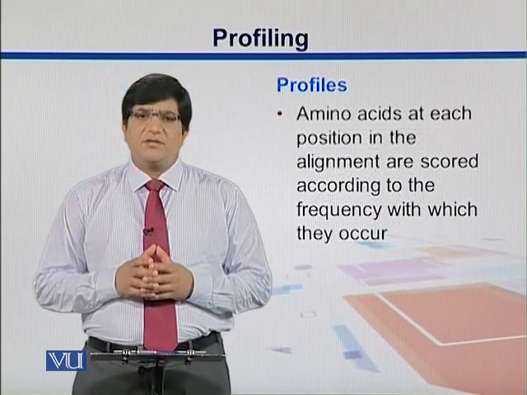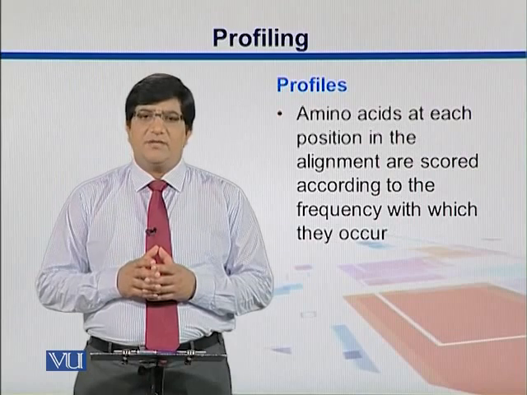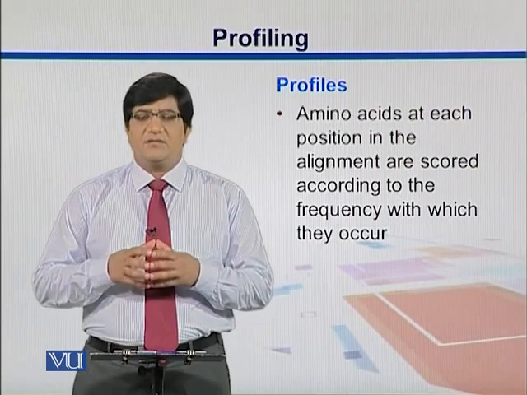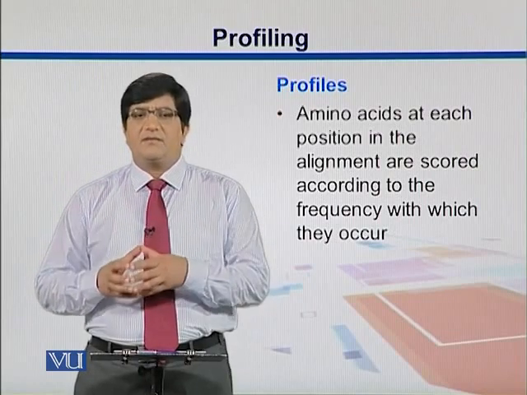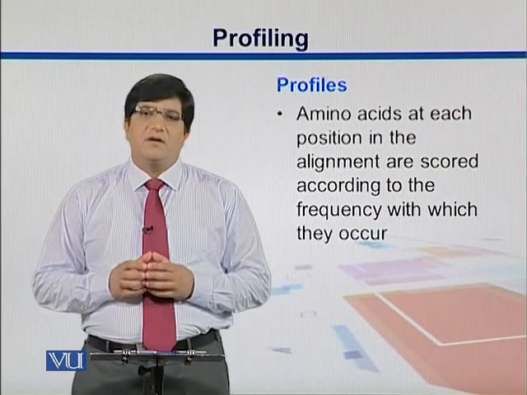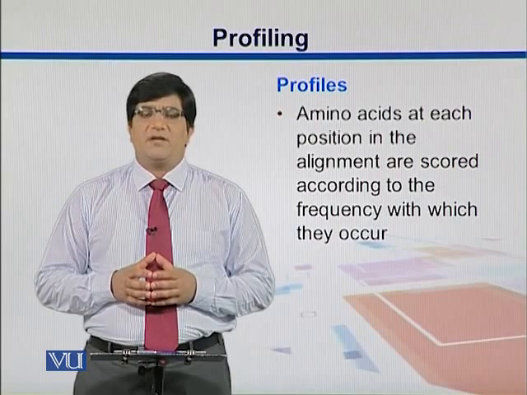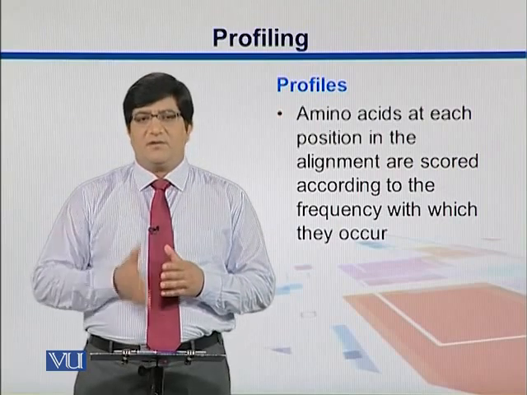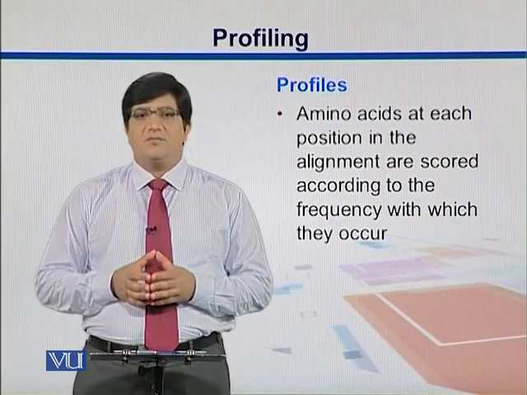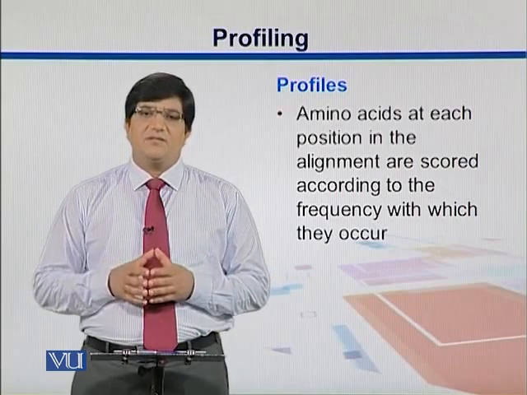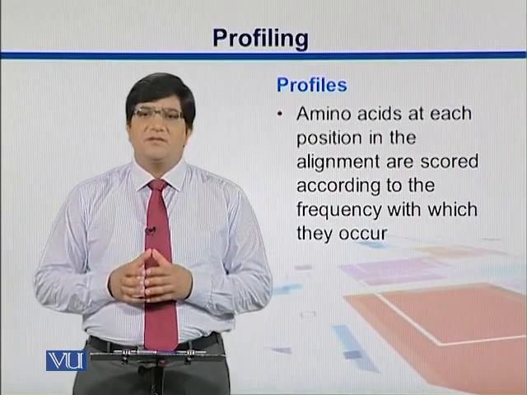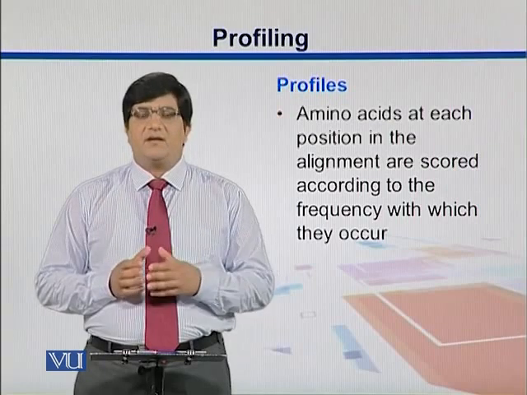So sometimes we take those profiles, we go into the data sets, which we call training data sets, or we go to the databases where we record the frequency of those different amino acids at different positions of those proteins. We can use that profile information to validate our alignments.